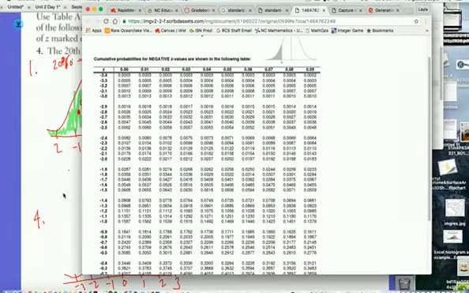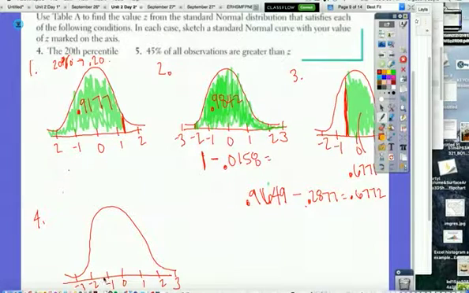So my z-score, or my z, would be at negative 0.84, which is like here, and that would be all of this.